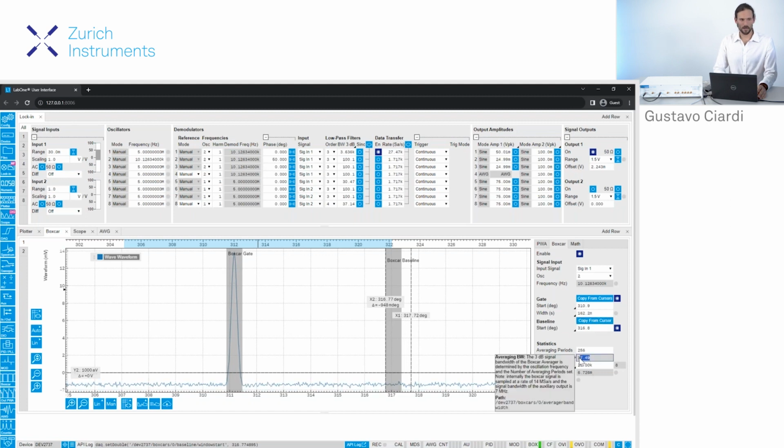As you can see here, given the fact that the repetition rate has changed a lot, the averaging bandwidth has also changed, going very much lower to about 18 Hertz. So again, to compare this type of measurement with the lock-in measurement, we also need to change the bandwidth of the lock-in, to compare apples to apples.